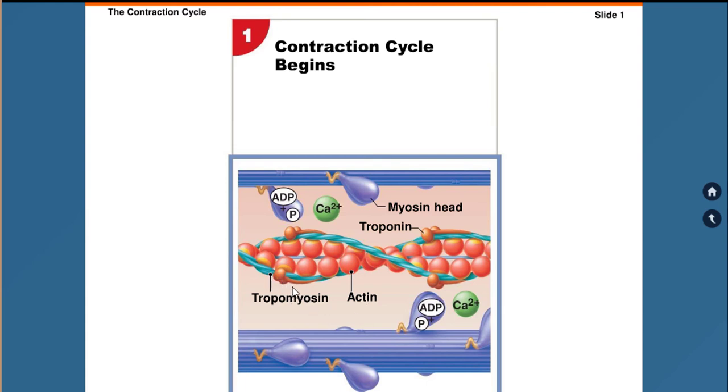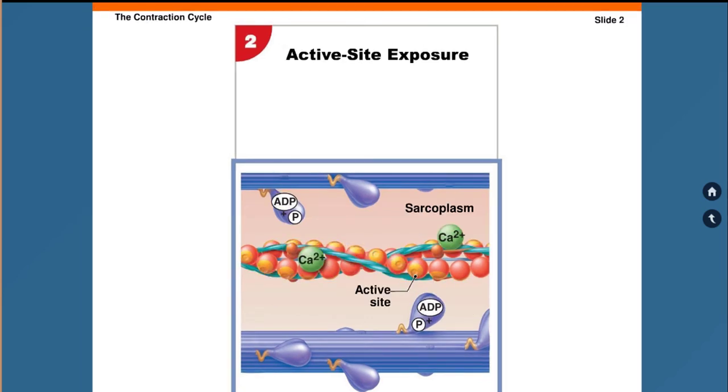Okay, have you got it? Then the head of myosin binds to actin. Active site exposure: here you can see tropomyosin slide away from the binding sites on the actin strands, and here you can see there is no tropomyosin, but there is an active site for binding the head of myosin with actin.